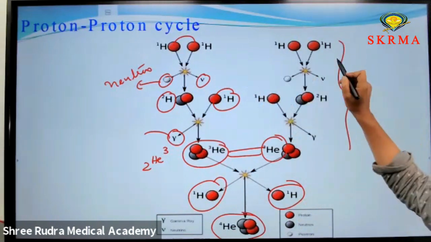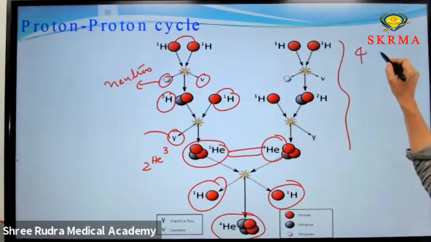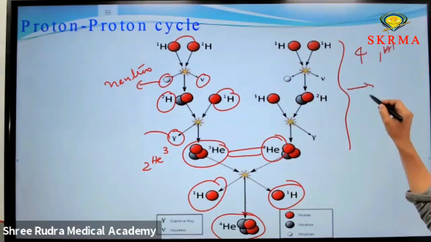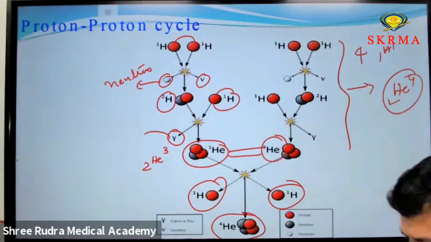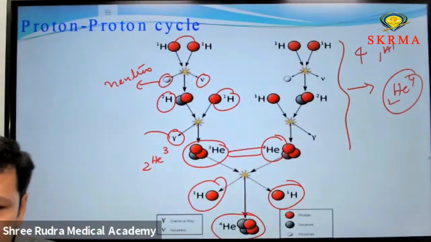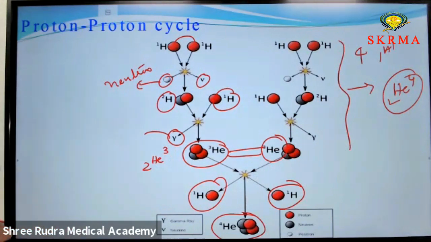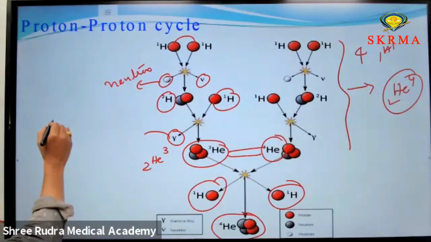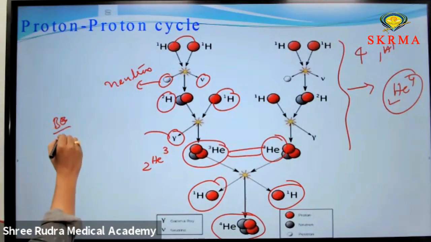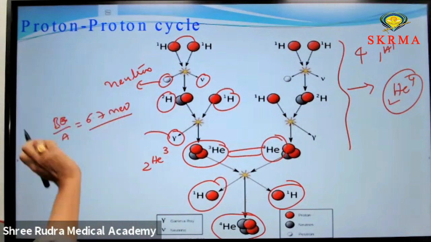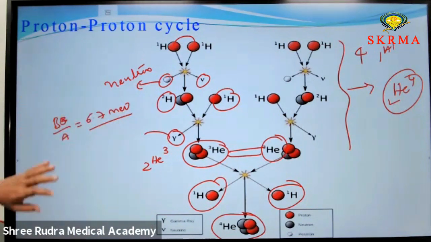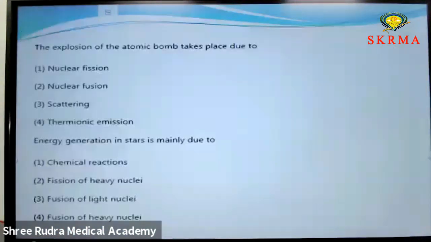The 4 protons initially start here, and the 4 1H1 produce helium. That means in stars, generally hydrogen is converted into helium. That is the basic process of fusion. As I said, here also the binding energy per nucleon is 6.7 MeV. But you should keep in mind what reactions undergo in this nuclear fusion. Let us see a few examples based upon these concepts.